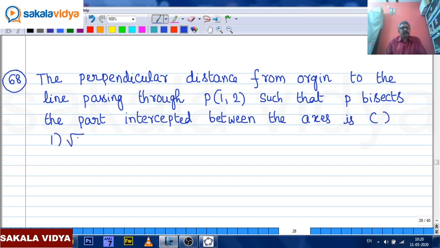First option root 5, second option 4, third option 4 by root 5, fourth option is root 5 by 4.